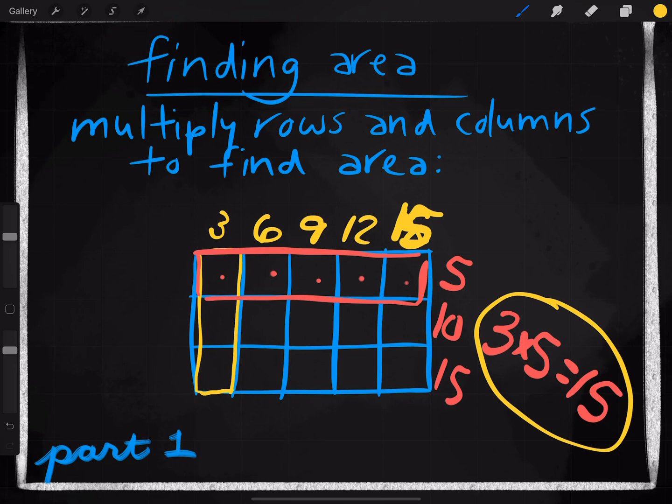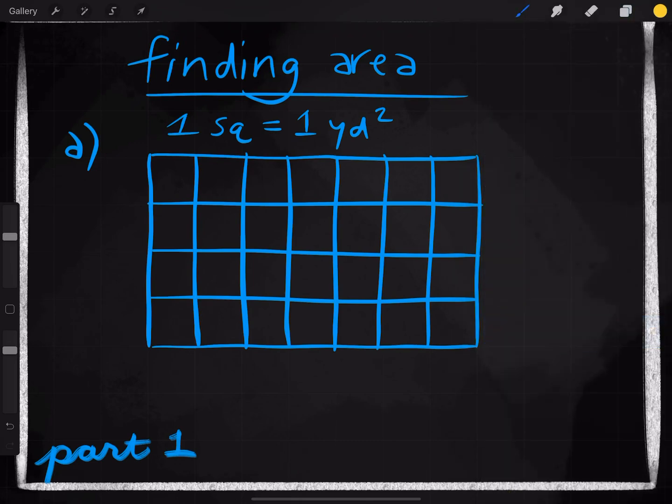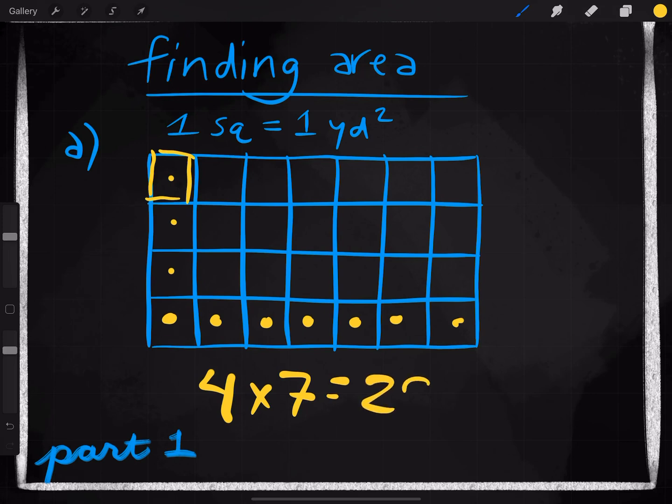As an example, part A, we're going to pretend that each little square is 1 square yard. So 1, 2, 3, 4, and 1, 2, 3, 4, 5, 6, 7. 4 times 7 equals 28 squares.